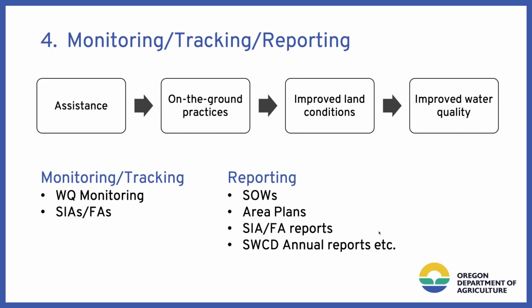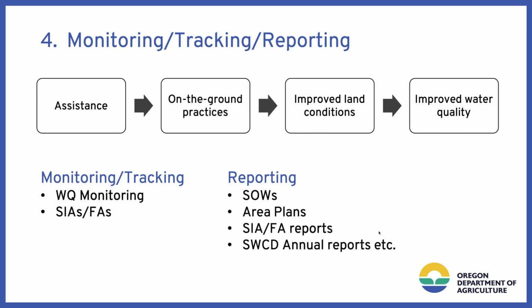So the fourth aspect is tracking what's going on and reporting on it. And we're back to those 4 boxes. And as you move to the right, it gets a little harder to track. And so most of the effort up till now has been tracking assistance. And for instance, in the scopes of work, how many site visits did you do?